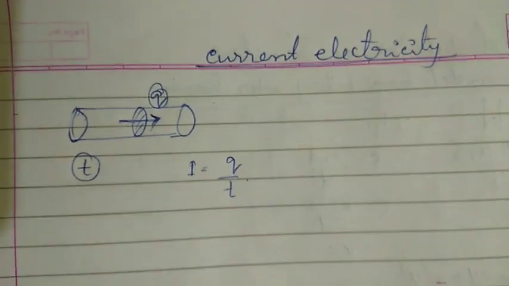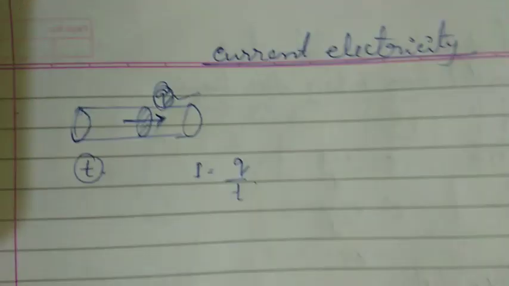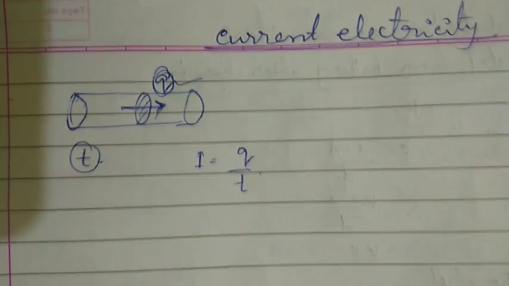Now here, if after every time t the amount of charge is the same q, this type of current is steady current.